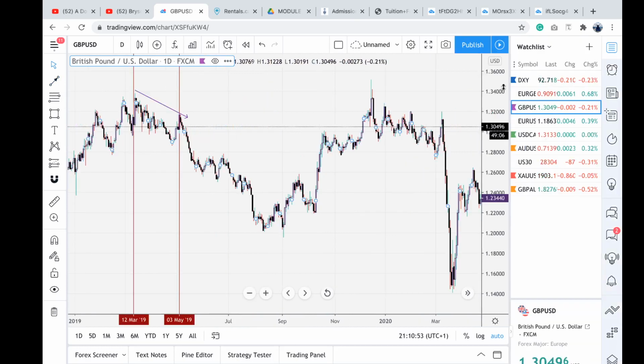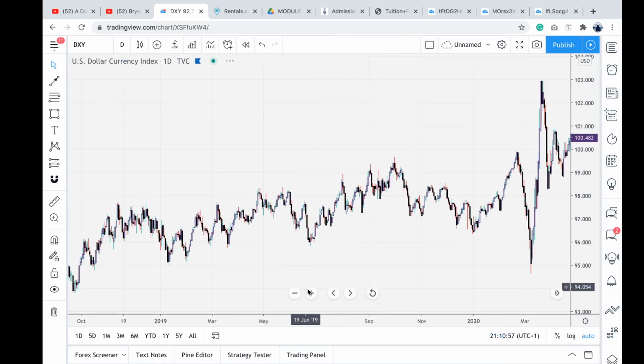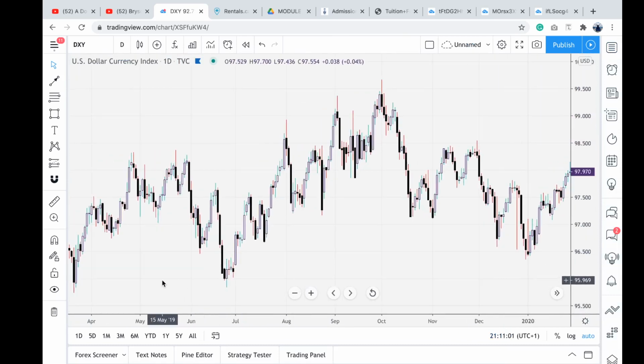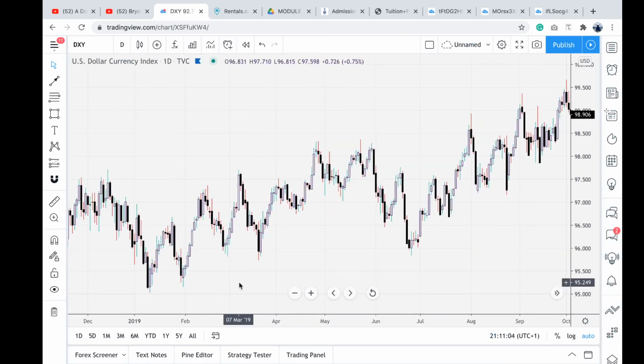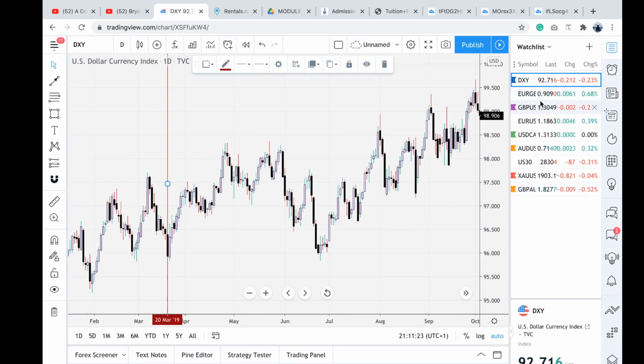Okay, let's see if the DXY was doing the same thing. 12th of March 2019 to 9th of May. Oh, this is actually kind of weird. So this is actually a low. So this is actually 20th of March. Let's look at this real quick.